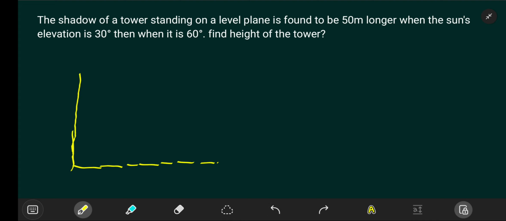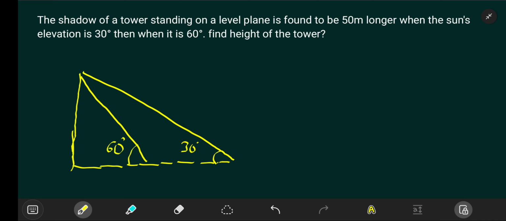Now it is standing on the level plane, and when the sun elevates 30 degrees, and when it elevates 60 degrees, the difference in shadow length is 50 meters, they are given.